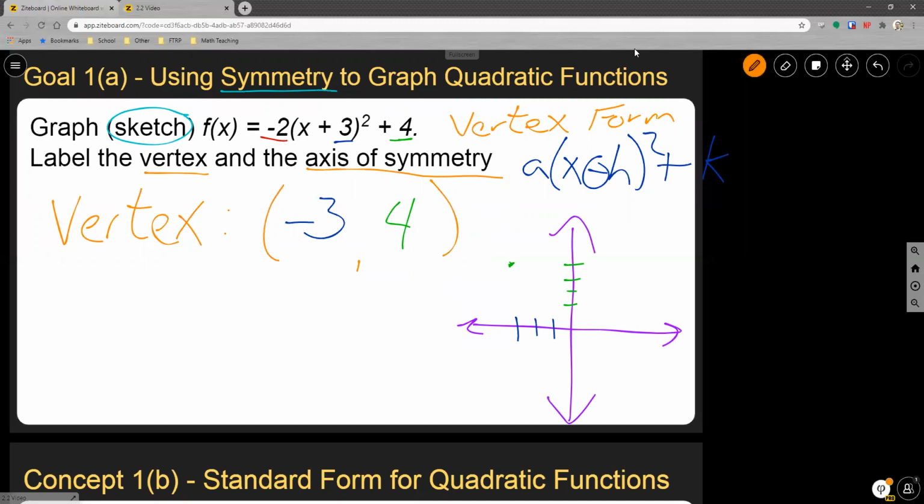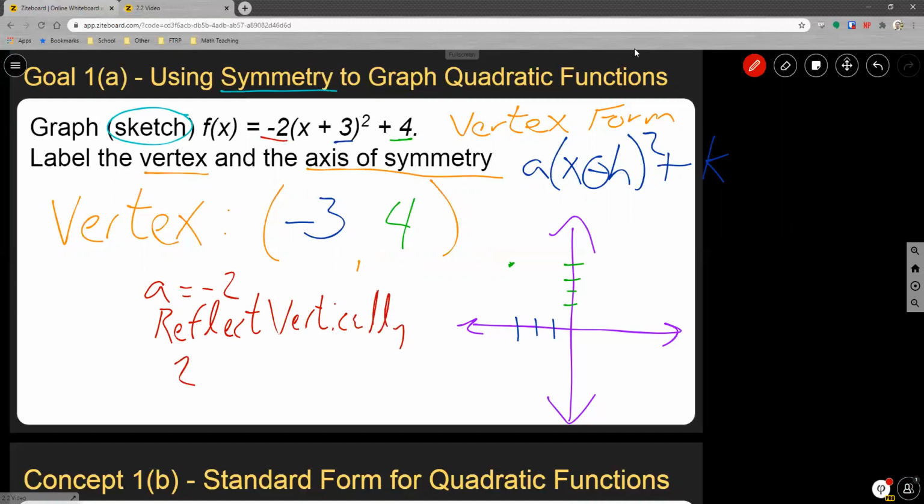And then I know, because of my a value, since my a value is equal to -2, I know that I'm going to have a reflection because of the negative sign. It's going to reflect vertically.